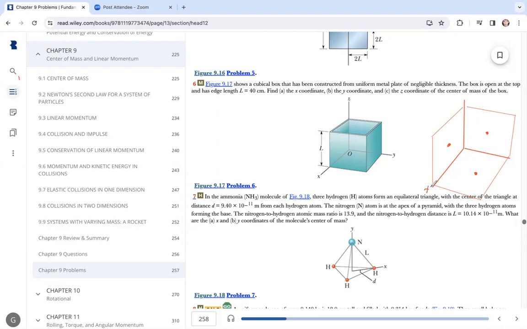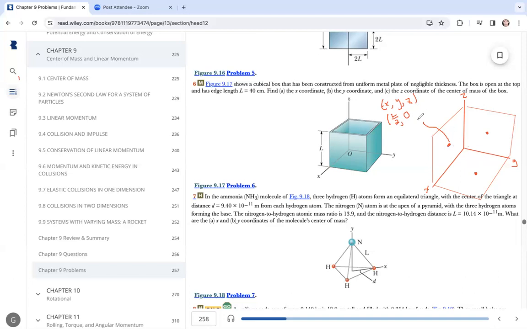So those are the centers of mass, and it says that each side is L over 2. Note that this is X, this is Y, and this is Z. If we were to ask what the coordinate of this point is, it would be an ordered triple, X, Y, Z. The X coordinate would be L over 2, and the Y coordinate would be 0, because we haven't gone anywhere along the Y axis.